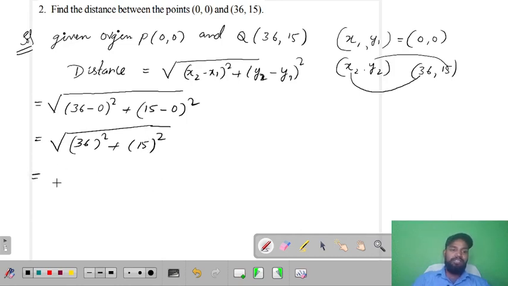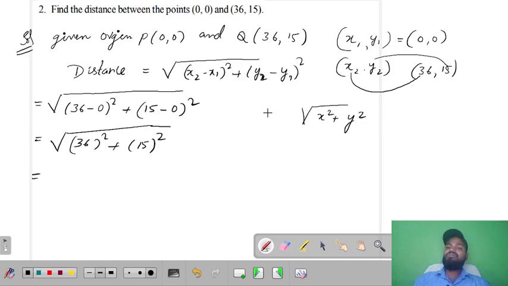Now simply remember what is reflecting here: your x2 square and y2 square. So when you are finding the distance from the origin, the formula becomes under root x square plus y square.